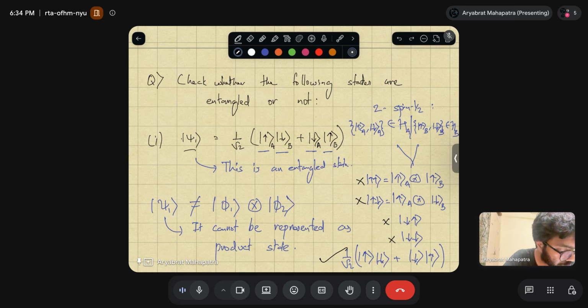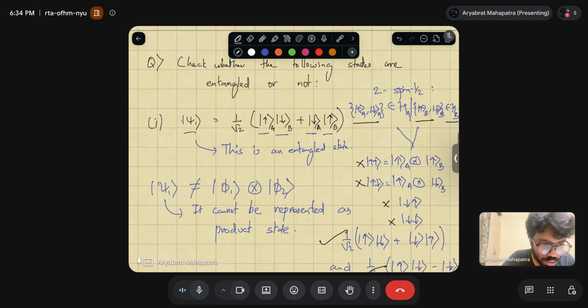One spin half system corresponds to one particular Hilbert space, because these states span a Hilbert space. This is the abstract mathematical space in which your quantum state lives. And in the same way, you have another spin half system, which will also be in its respective Hilbert space.